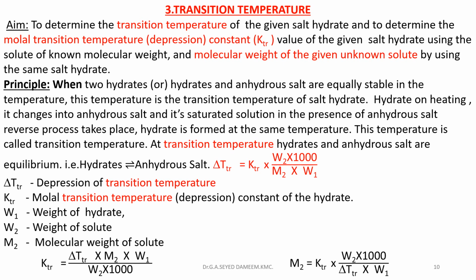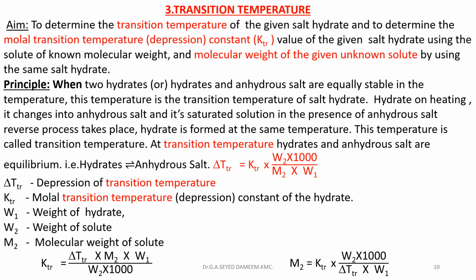Next, the principle of this experiment. Here the transition temperature of the salt hydrate is depressed by the addition of solute, and the depression in transition temperature is directly proportional to molality, that is, delta Tr is equal to Ktr into W2 into 1000 divided by M2 into W1. By knowing the M2 value and by experimental determination of delta Tr, we can simply calculate the value of Ktr first.